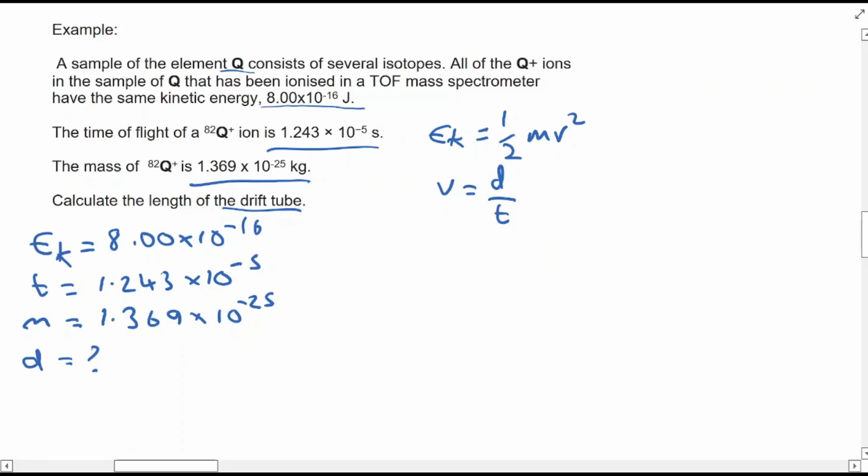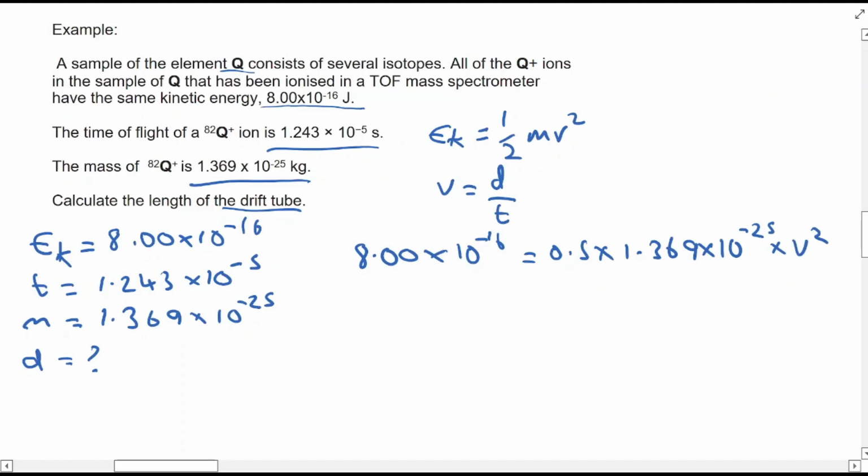So we need to work out the velocity using the first equation. If EK equals half mv squared, that means 8.00 × 10⁻16 equals 0.5 times 1.369 × 10⁻25 times v squared.